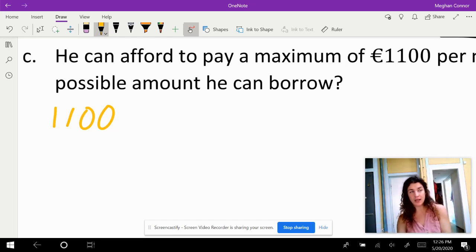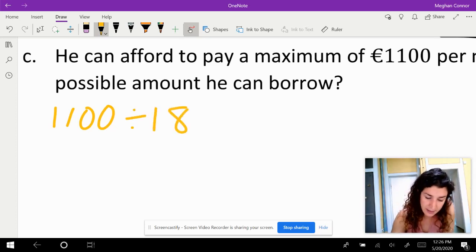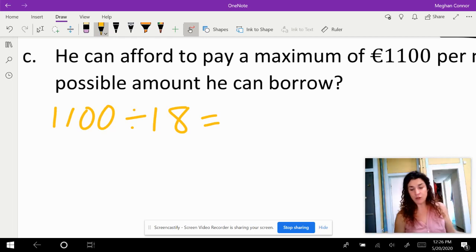Because he's borrowing $180,000. So if we're talking about that table that they provided us, which was for $10,000 borrowed, since we borrowed 18 times that amount, we have to divide this guy by 18. Oh, wait, no, because we're not changing that. What we are changing is how much we borrowed.